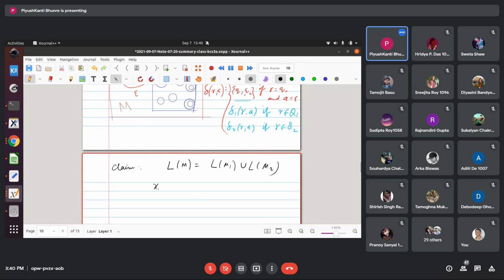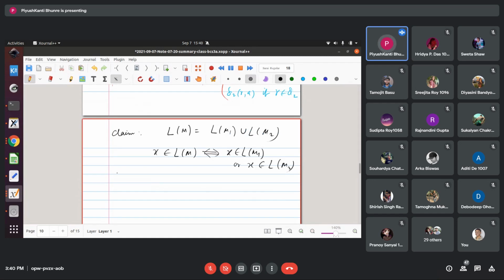That means X belongs to L(M) if and only if X belongs to L(M1) or X belongs to L(M2). I'll give you only one part, the proof of one part. Suppose X belongs to L(M).